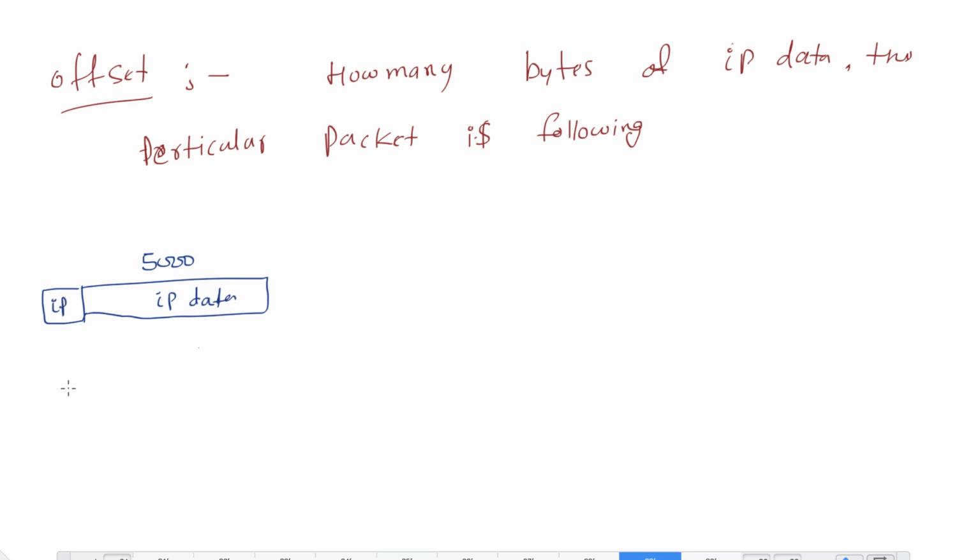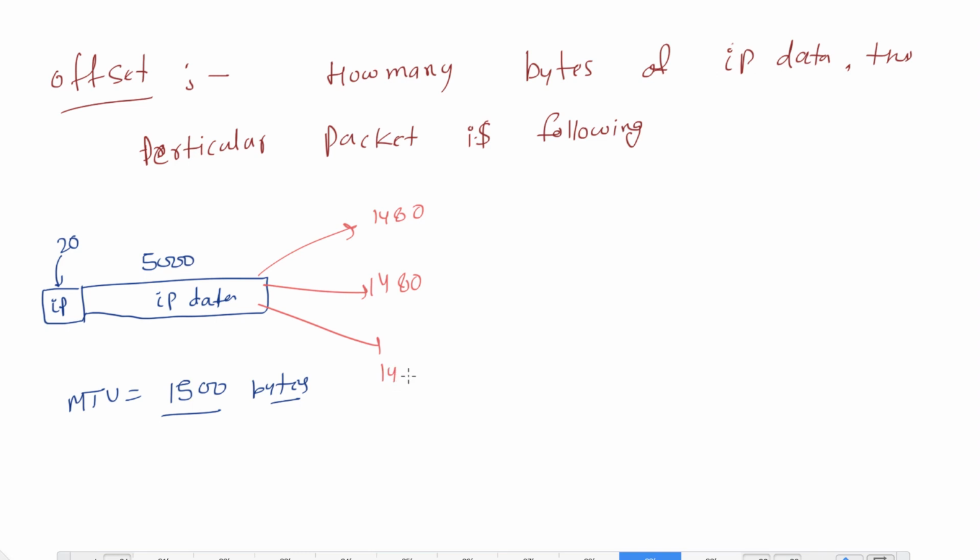Suppose the header is 20 bytes and the MTU is 1500 bytes, which is the data size that the data link layer can carry. You need to divide this IP data into 480 each, because 480 plus 20 will be 1500, and you cannot carry more than 1500.